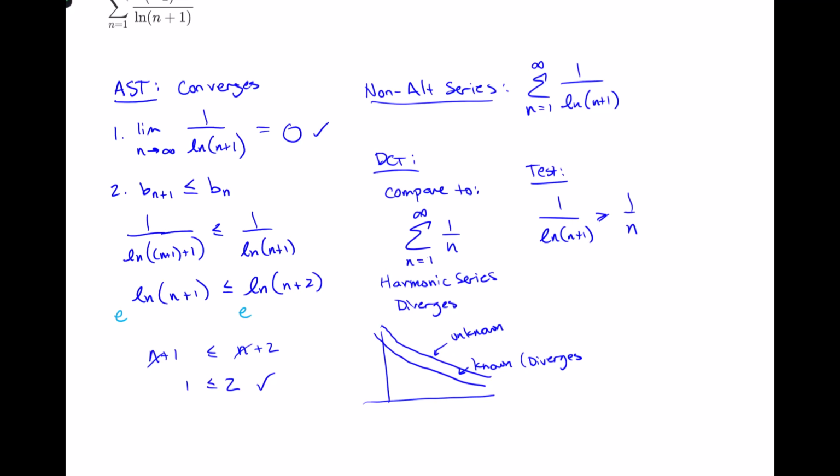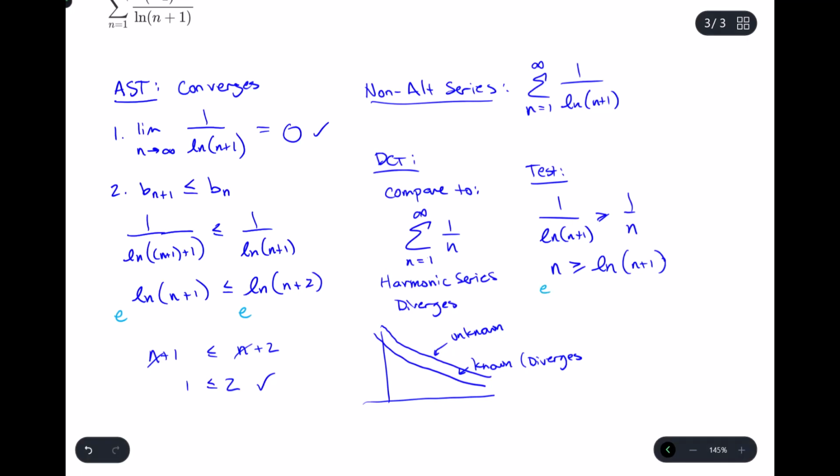And let's see what happens here. If we cross multiply, n should be greater than or equal to the natural log of n plus 1, which is true, but it's not the cleanest result here. It's not like 1 is less than 2, you know. Let's try raising both sides as an exponential with base e.